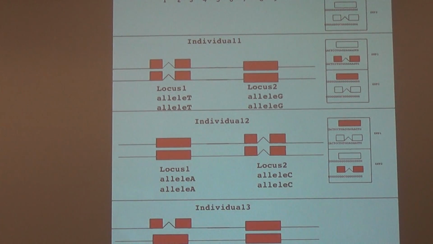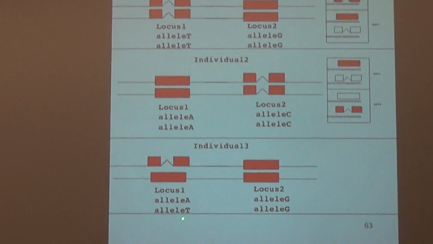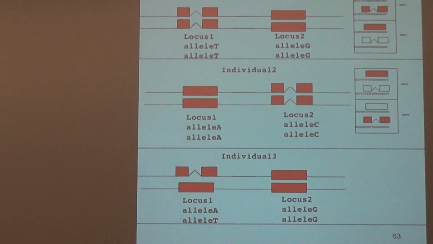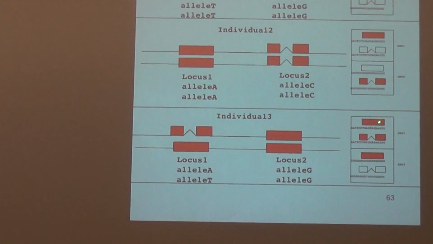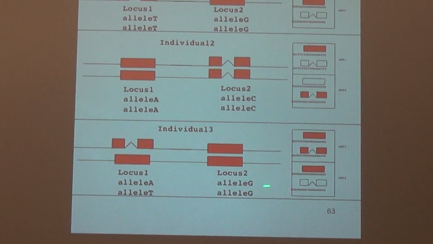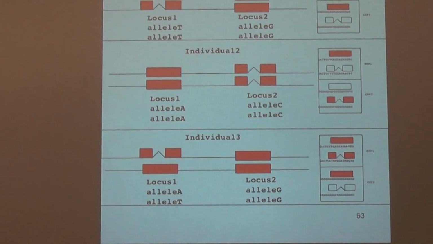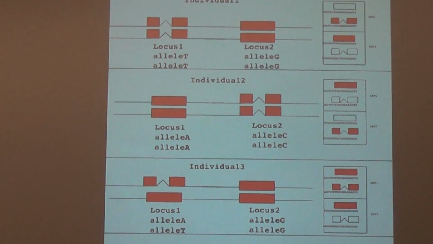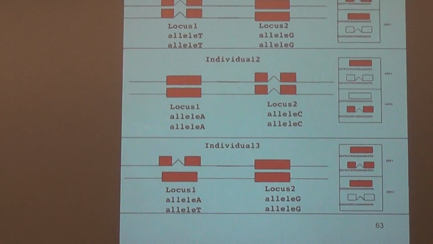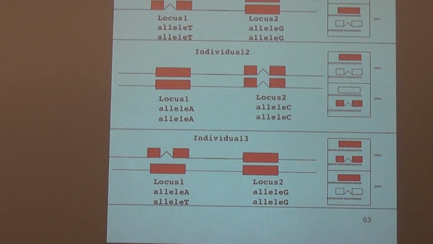This individual is heterozygous at locus 1, A and T, and homozygous GG. So on the microarray, you're going to get matching to the A and the T SNP, and here you get the C. And so you can map them in this fashion. And you can of course map all million SNPs. You can put a million different dots on a slide very easily, and you'll be able to map all of the SNPs at the same time using this one genome.